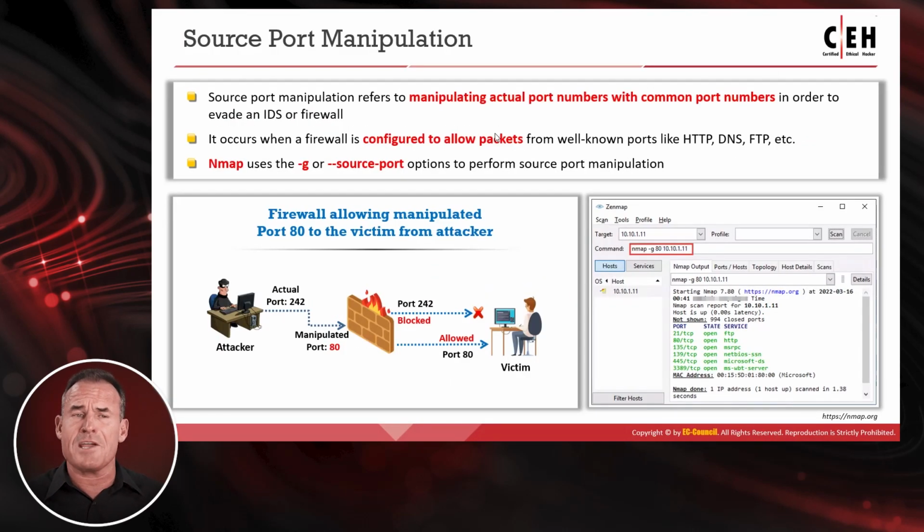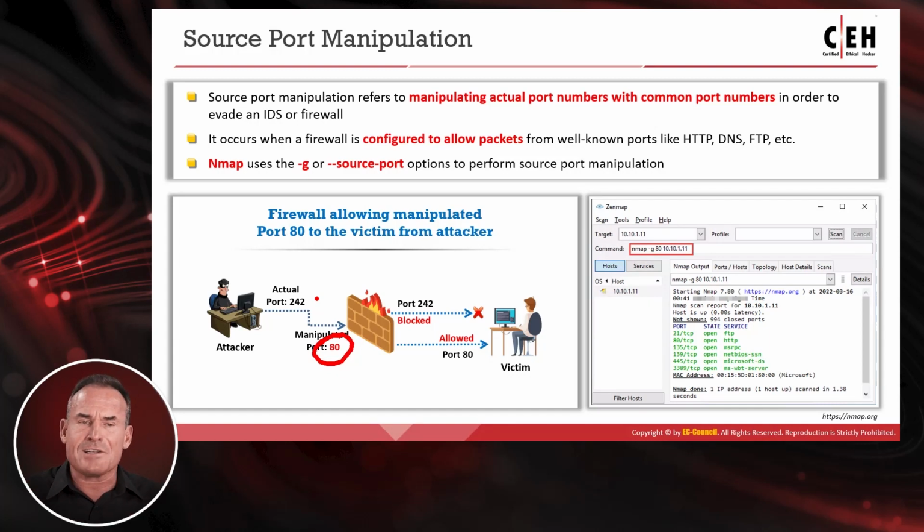Source port manipulation. I may not be able to scan in through a firewall, but I may be able to manipulate source ports to allowable traffic, for example port 80. Typically a firewall allows traffic inbound from port 80, because if you're browsing the web from inside the perimeter, port 80 traffic has to be able to come back in, right?